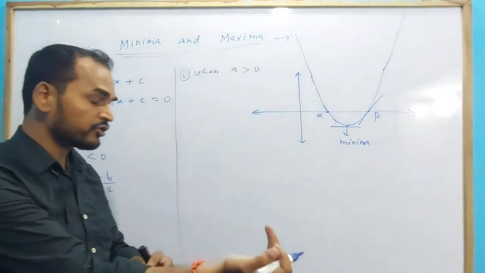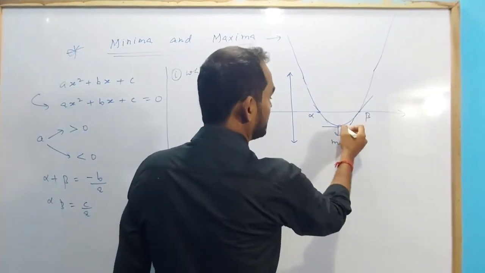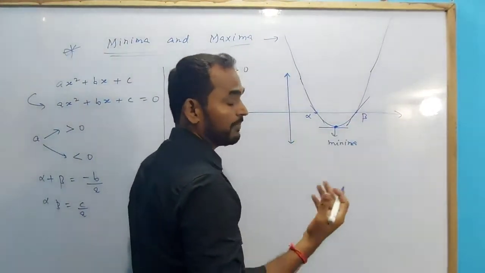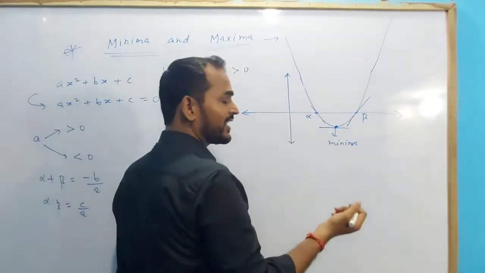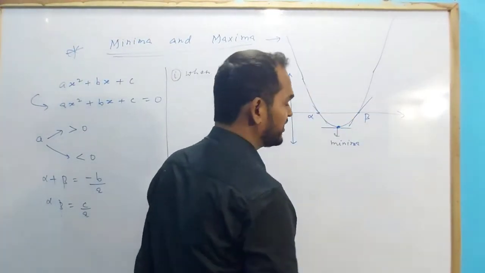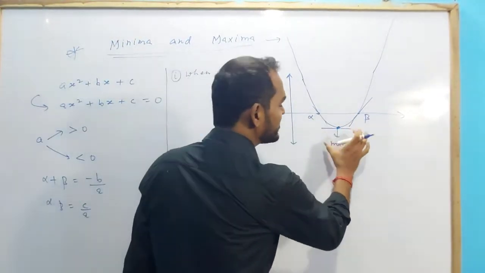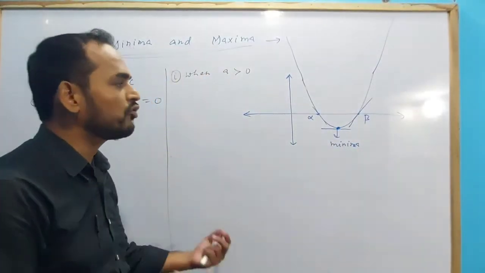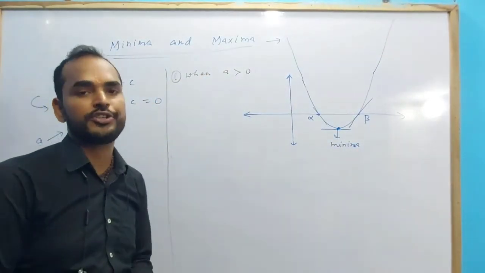So the minimum value will be here. It can be found out, but the maximum value will not be found out exactly, because that is going to be infinity. So how to find this minimum value and how to find this maximum value? This is the question.